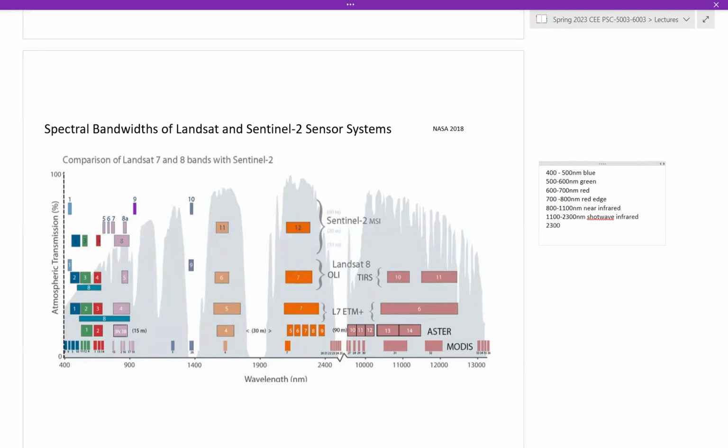From this number to 7,000, by forgetting a zero. This is 2 microns, 7 microns. Okay, this is mid-infrared.